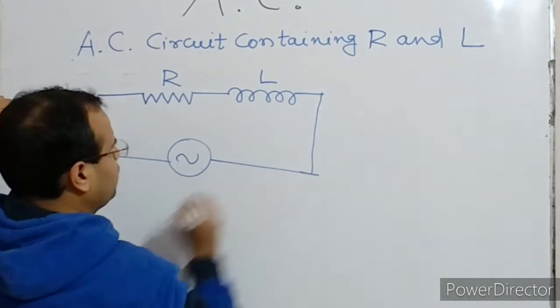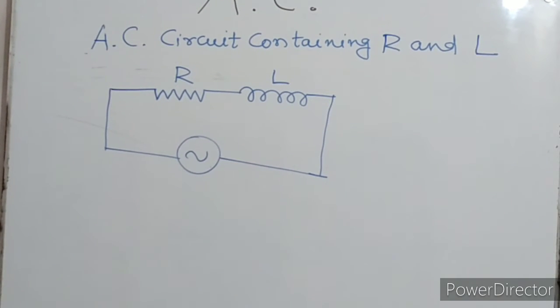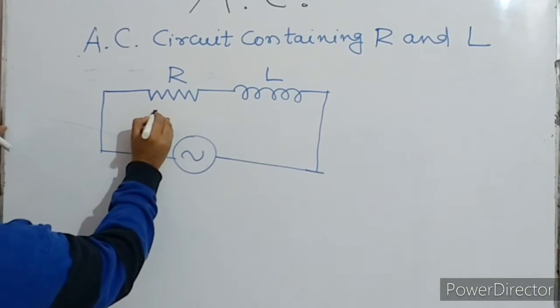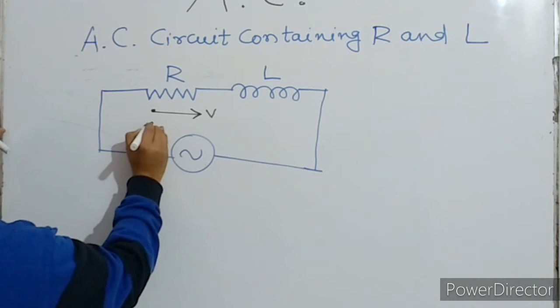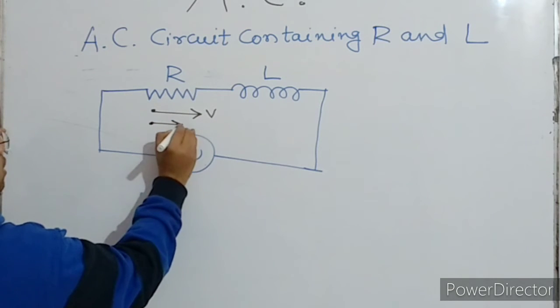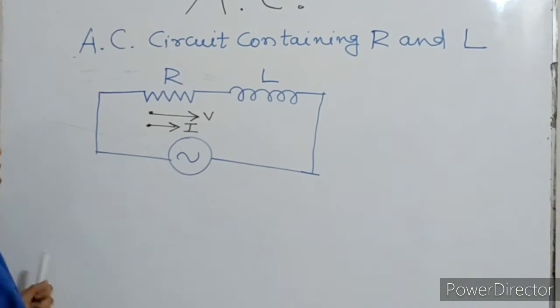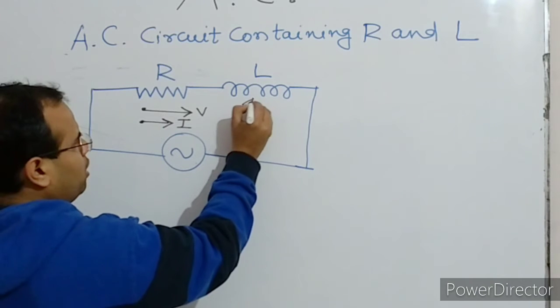Now as far as their behavior is concerned, you know that the voltage and current are both in the same phase as far as the resistance is concerned. But as far as the inductor is concerned, the voltage leads the current.